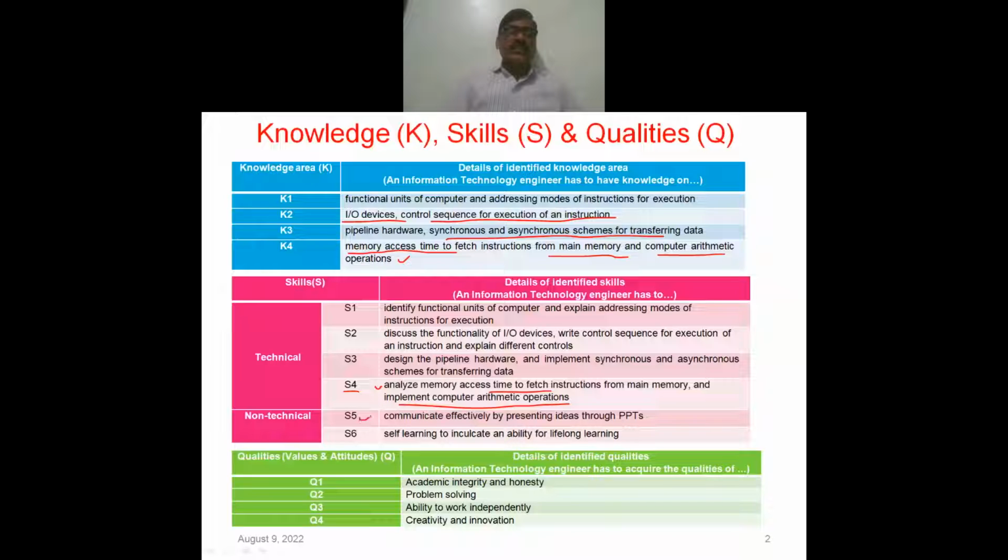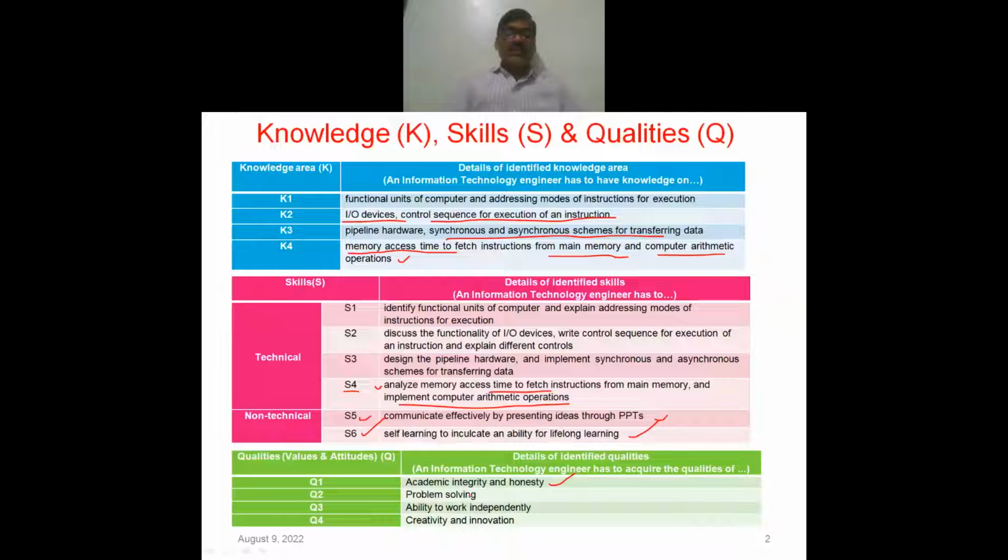The non-technical skills you can expect to acquire are that you can communicate effectively by presenting your ideas through PPTs, and you can inculcate self-learning capability for lifelong learning. Coming to the qualities the student acquires through this course, academic integrity and honesty is a very important quality that, as course faculty, I expect from every student.